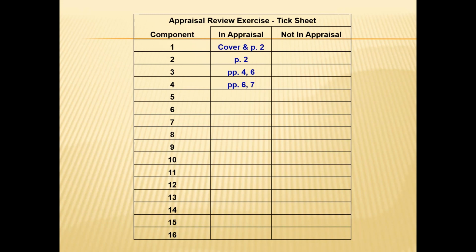The description of any other physical improvements to the land, including patios, gazebos, pools, sheds, parking, landscaping, boundary enclosures, etc. Where would you find that information? Again, it'll be pages 6 and 7.